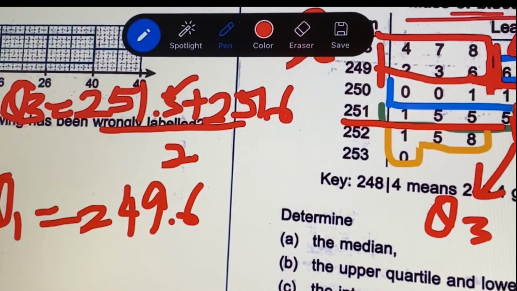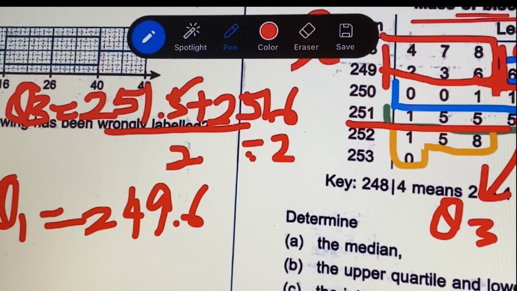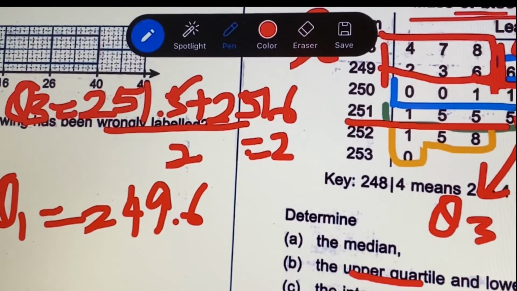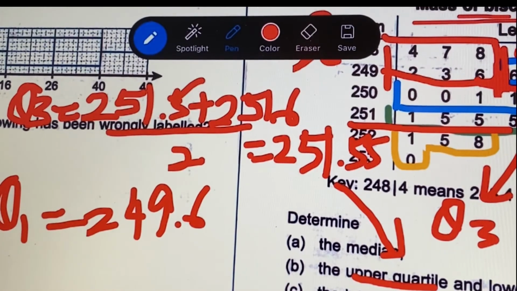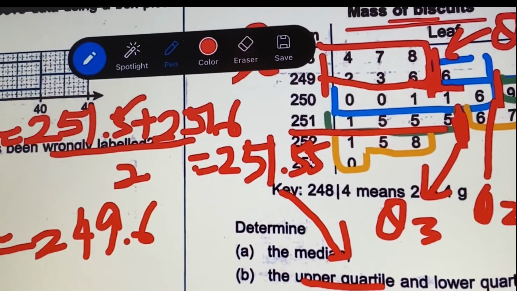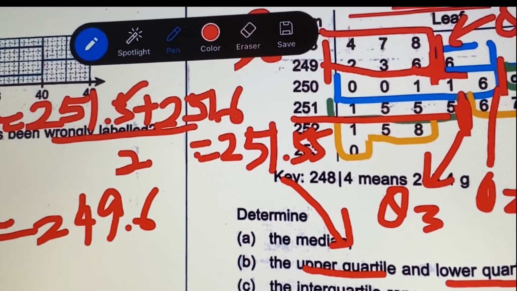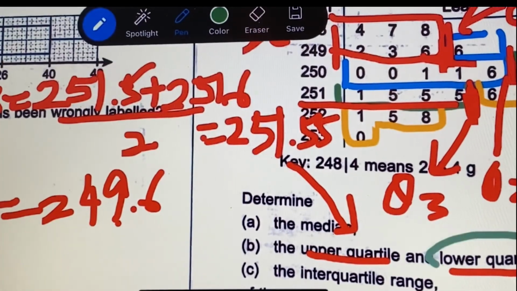We have 251.55. Our third quartile here is 251.55. Our lower quartile, the first quartile, is 249.6. This is the answer for the lower quartile.